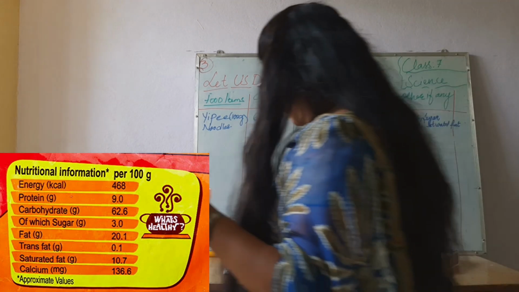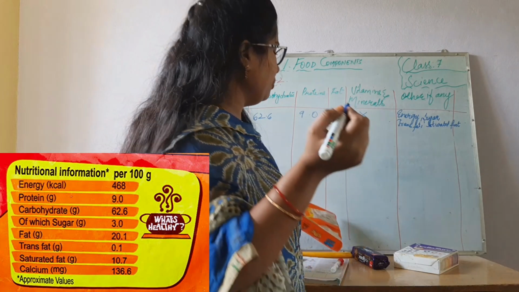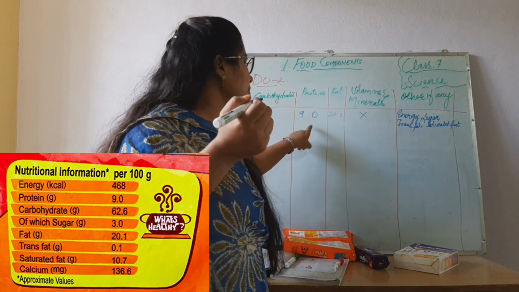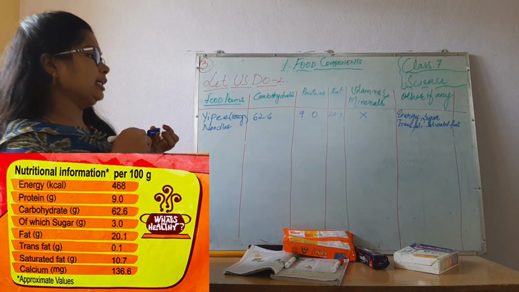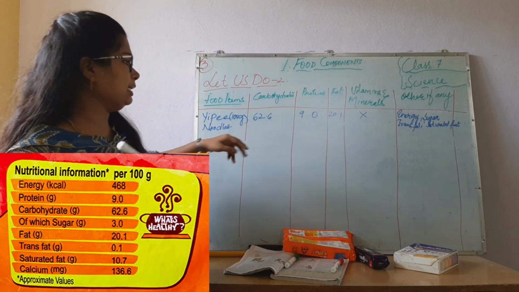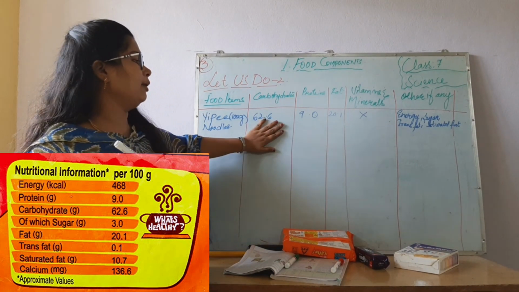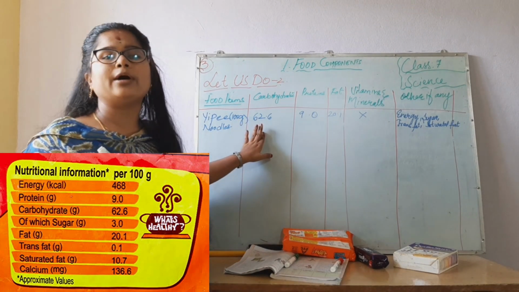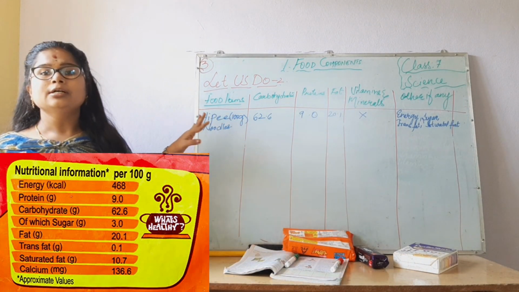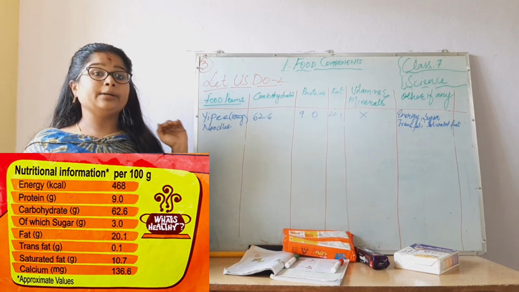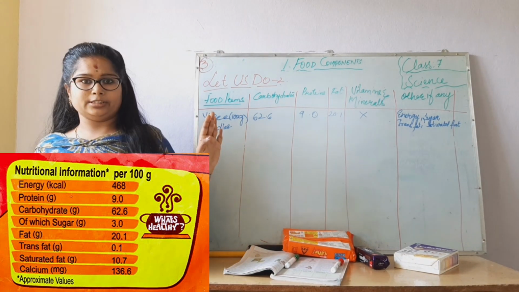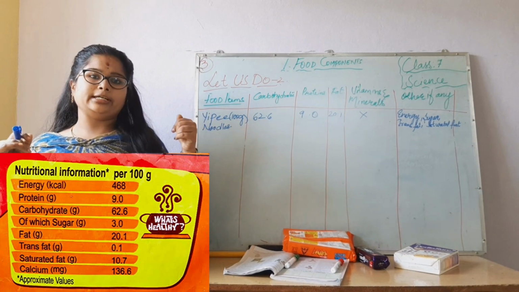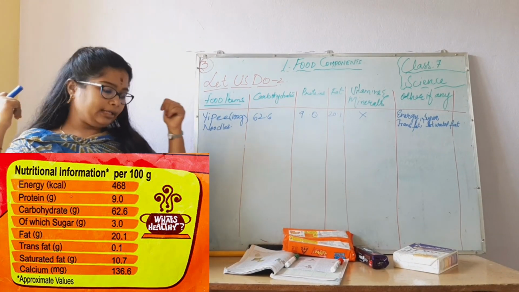In grams they will give, for 100 grams, how many grams of this is there. What is more in all these things? Carbohydrates are there. So if you eat Yippee noodles, you are going to get carbohydrates, an energy giving food. But only this is not enough daily. You can take it as a breakfast. Okay, next.